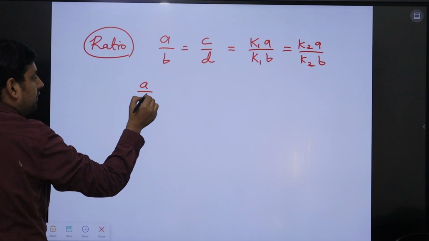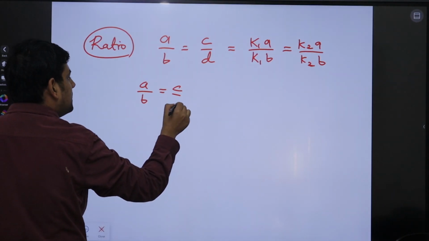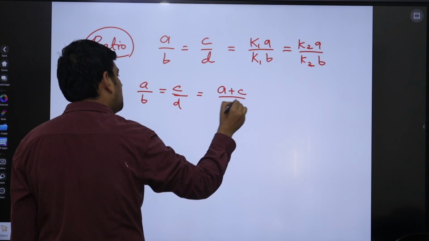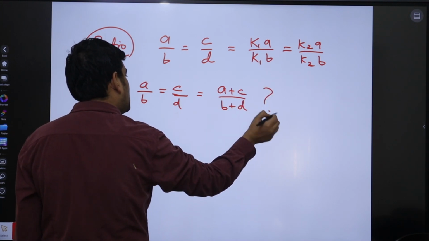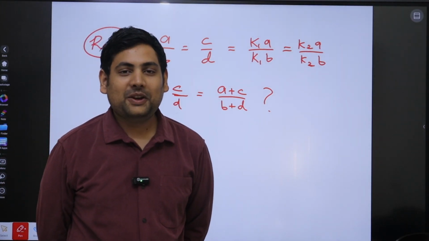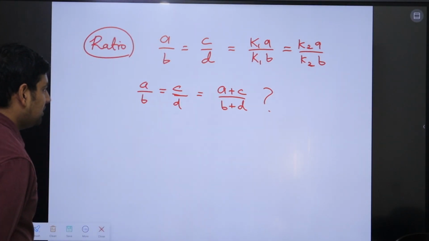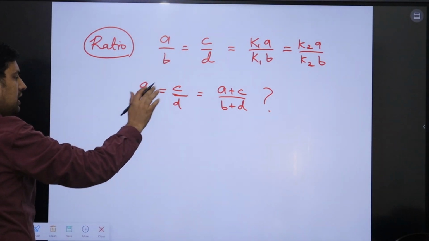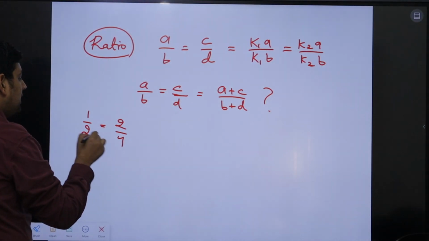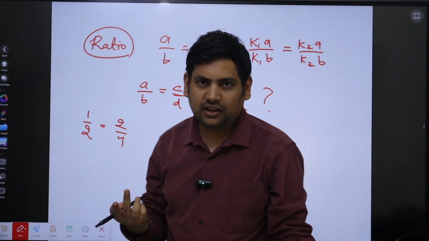Now, see another thing. So, if A by B is equals to C by D, can I write this equal to A plus C upon B plus D? Can I write this? Now, some students feel that you cannot write like this. Now, the truth is that if what you are seeing here is 1 by 2 is equal to 2 by 4. When there is equality, then you can simply add it. Why?